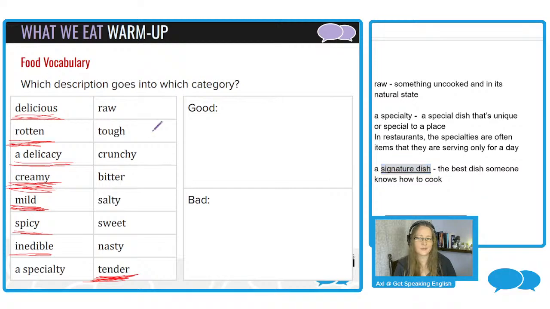We have tough, right? The opposite of tender here. When it's hard to chew, right?